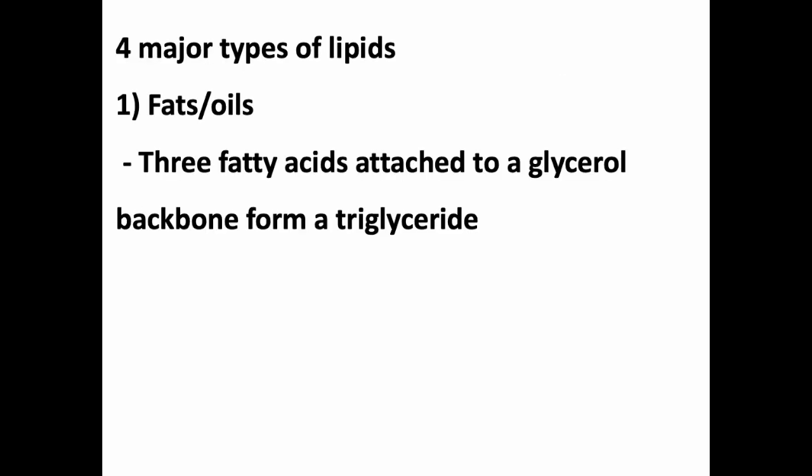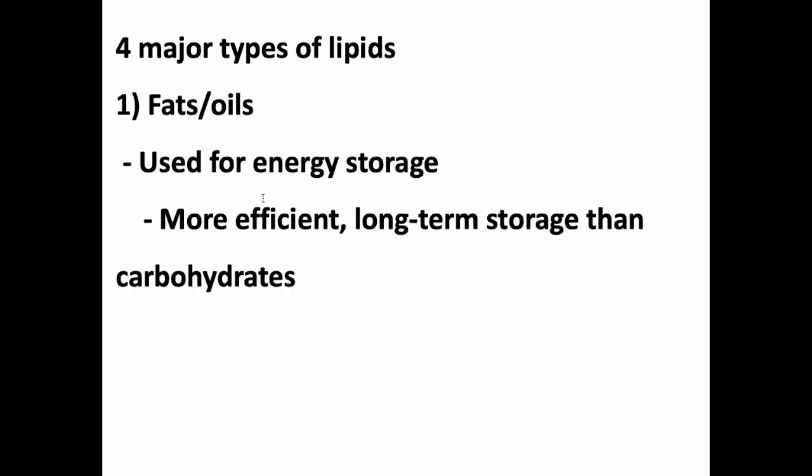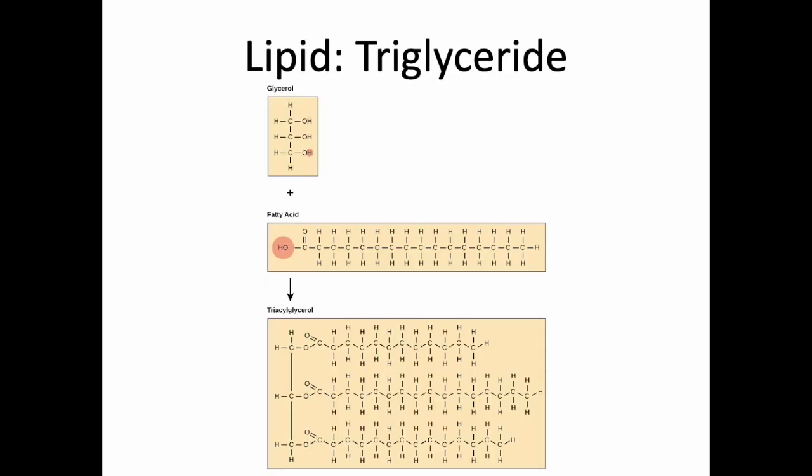What about the function? Well, fats and oils are used for energy storage, which might sound redundant. We talked about carbohydrates that are used for energy storage. Why do we need another thing for this? Well, triglycerides are really, really good at energy storage.